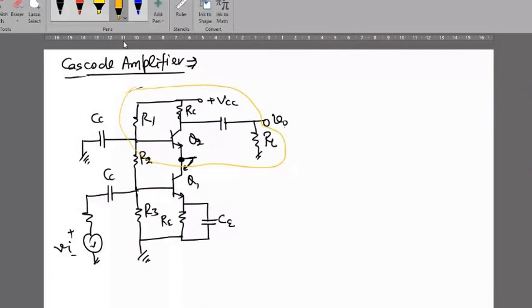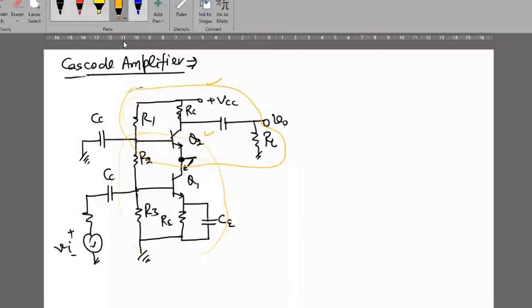Here this transistor is in potential divider biasing. The difference is this network is only applied here as the loading. This is the common collector configuration and this is the common emitter configuration. So this is called CC-CE configuration.